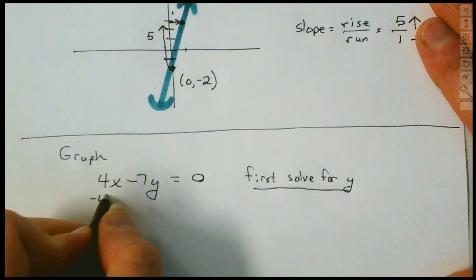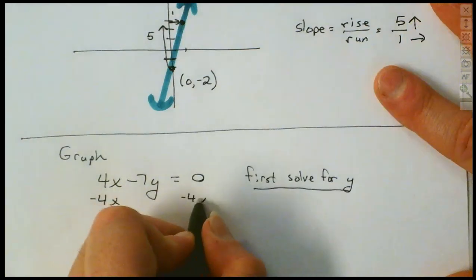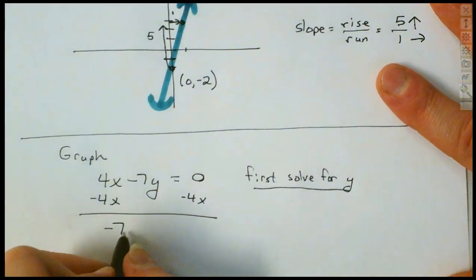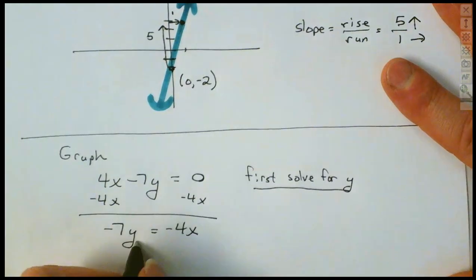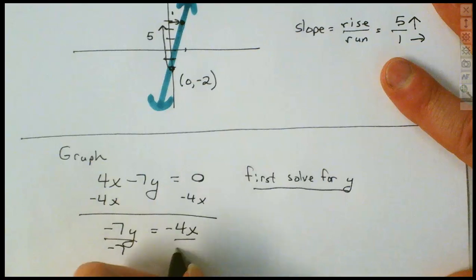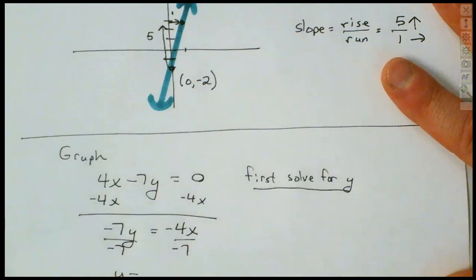So we move that 4x over, and then we've got minus 7y equals minus 4x. We divide by our minus 7, and now we have y equals 4/7 x.